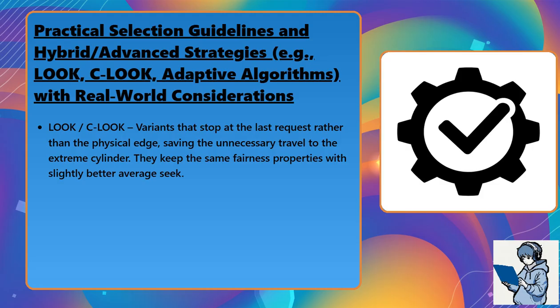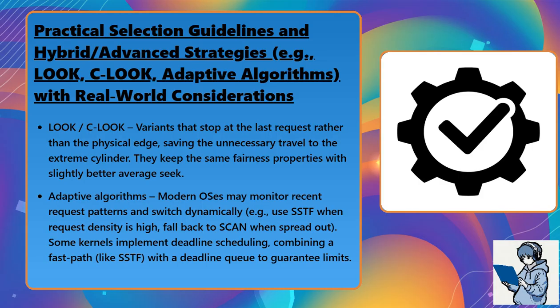They keep the same fairness properties with slightly better average seek. Adaptive algorithms: modern operating systems may monitor recent request patterns and switch dynamically. For example, use SSTF when request density is high, fall back to SCAN when spread out. Some kernels implement deadline scheduling, combining a fast path like SSTF with a deadline queue to guarantee limits.